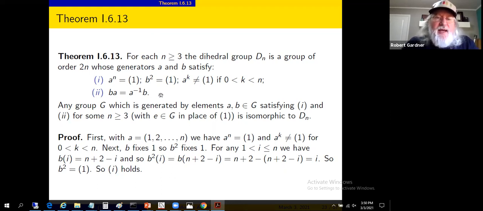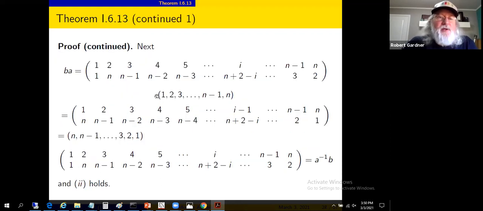So first we need to establish this. Let's look at BA. Here's B, written in terms of the symbols 1 through n on the top and their images on the bottom. A, simply written in the cyclic notation. So I'm mixing notations. No big apology for that. It's the only way I could fit it on the slide, really. So it'll look reasonable. If you'll go through and perform the manipulations, let's do one of those.